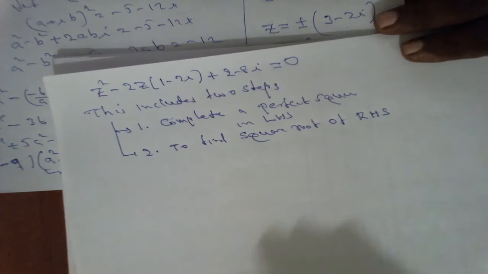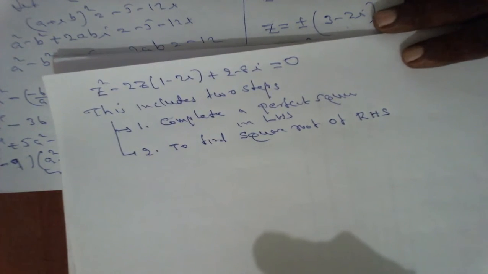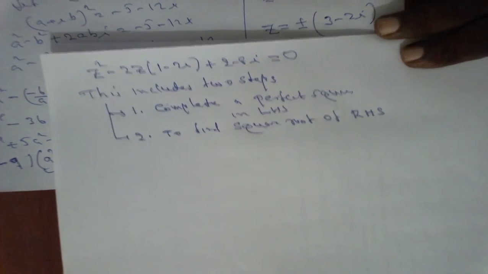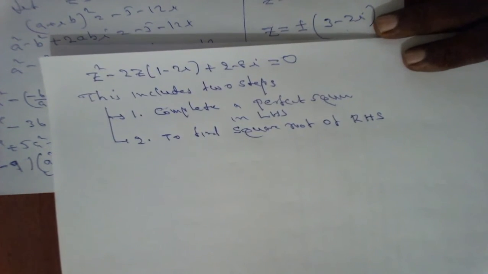Second step, to find the square root of the right hand side. Then you might say you have not done finding the square root of a complex number. Would you say you didn't do finding the square root of a complex number?